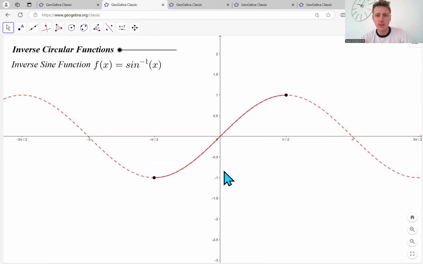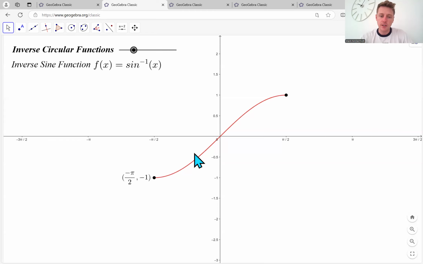So what we need to do with our sine graph in order to find the inverse is restrict it such that it's one-to-one. That's what we've got in the solid red line here. We're only going to look at this part, and it's this part of the graph that we're going to find the inverse of.